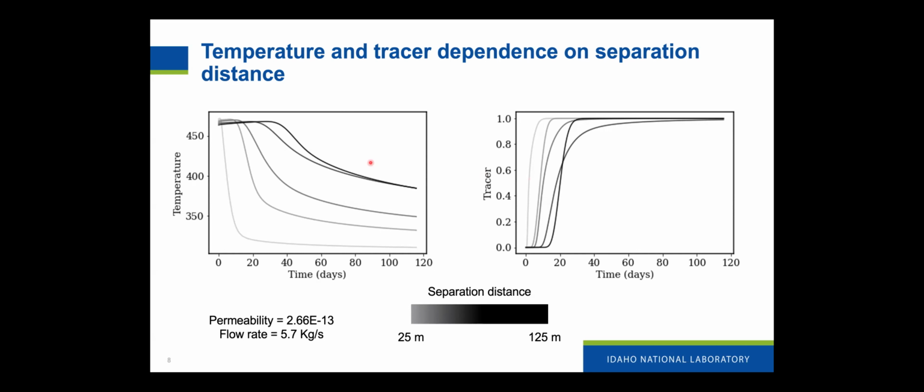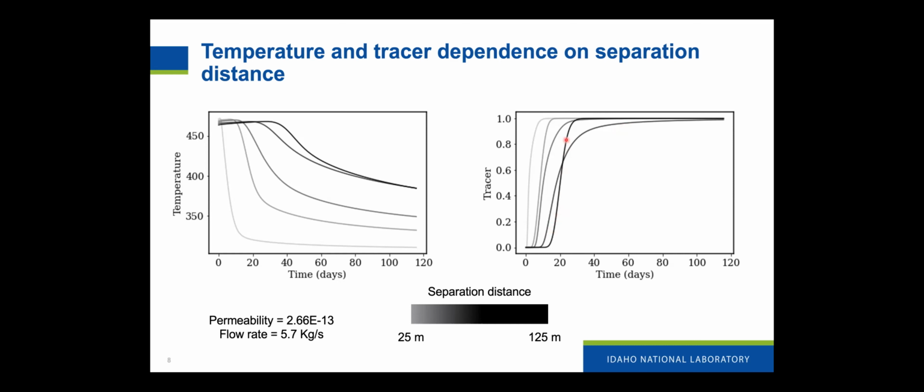One thing we can clearly observe is that as separation distance increases, the temperature evolution with time is much more gradual compared to smaller separation distances, and that makes physical sense. This is also mostly true with respect to the tracer mass fraction as well. As the separation distance increases, the tracer mass fraction reaches a steady state in a delayed fashion, except for this one plot here.